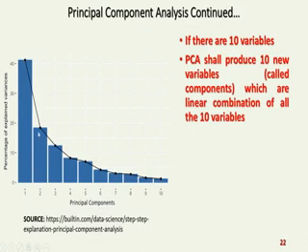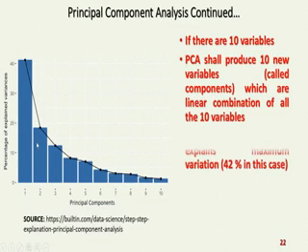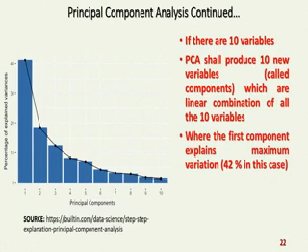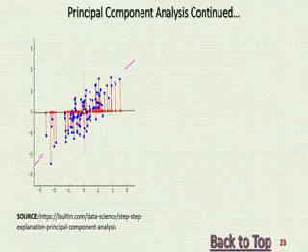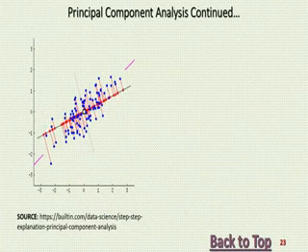The second principal component explains 18% of the variation. That means if we take the sum of these two, 60% of the variation is explained. So 42 plus 18 equals 60% of the total variation in the data set, explained with the help of the principal components.